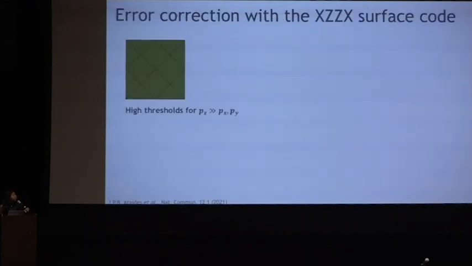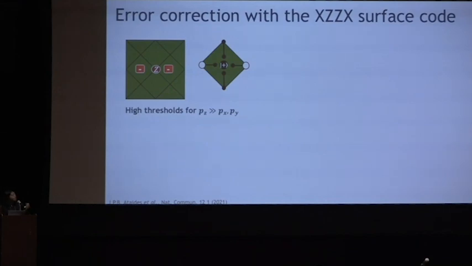So let's analyze the performance of this error model in an error correction code, the XZ surface code. Here we have a lattice of qubits. Each physical qubit is on the vertices, and each face represents a stabilizer of the form XZZX, measured by control Z and control NOT gates. Now we've already seen what a Z error does to this code.